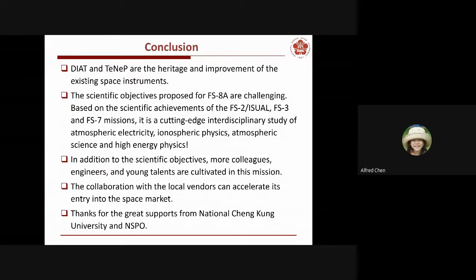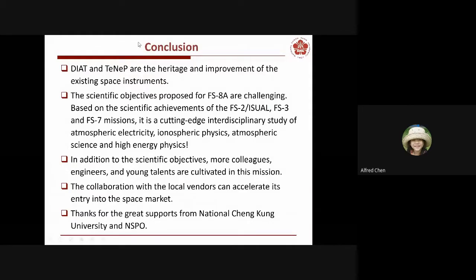They are based on the scientific achievements of the Formosat-2 ISUAL, Formosat-3, and Formosat-7 missions. So the scientists in this mission have experience with the scientific objectives, and it is also cutting-edge interdisciplinary study of these fields. So we can expect good collaboration among the scientists in this field.